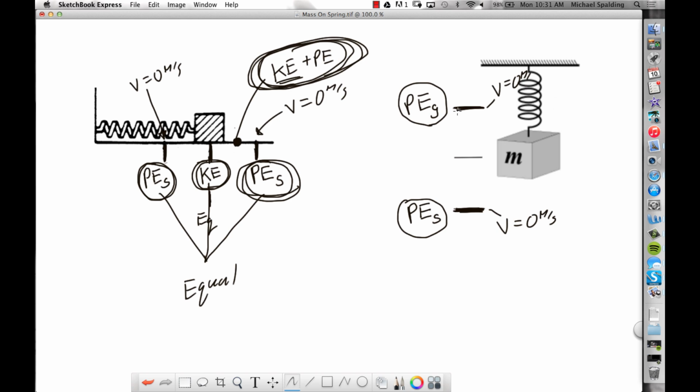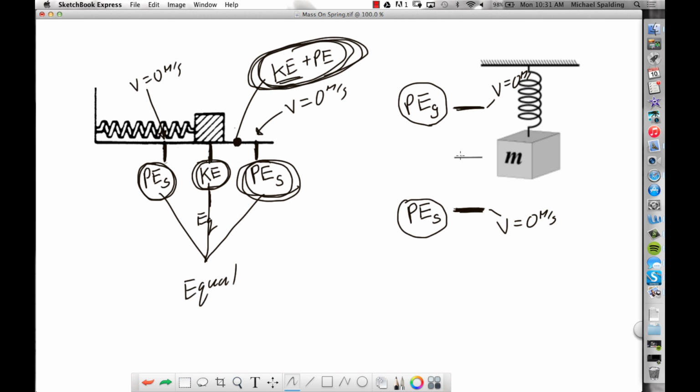Why no spring energy? Because when the mass is all the way up top, is the spring stretched? No. Is it compressed? No. It's back to its starting point. It's not compressed or stretched. Oh, and by the way, whenever you talk of potential of gravity, you got to have a 0 point. I would have the 0 point down here at the lowest point.